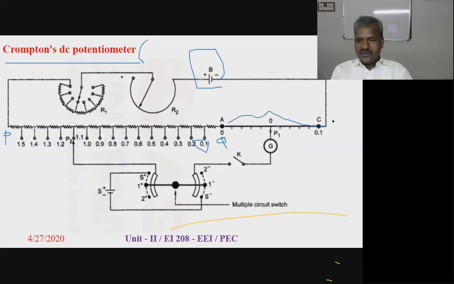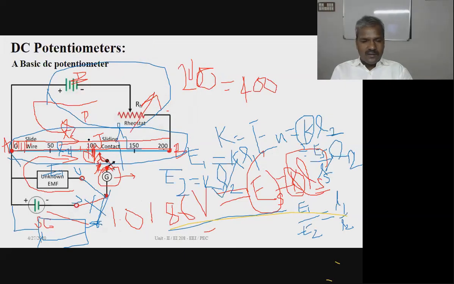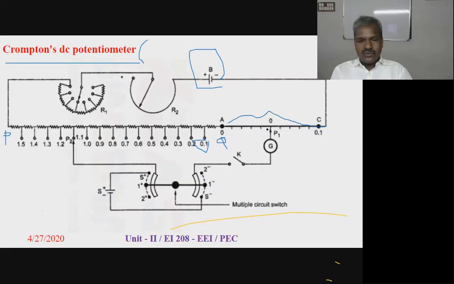Understand? So also in the previous type only one moving contact, sliding contact, whereas here there are two sliding contacts, P1 and P2. So first procedure is calibration, standardization of the Crompton's DC potentiometer.